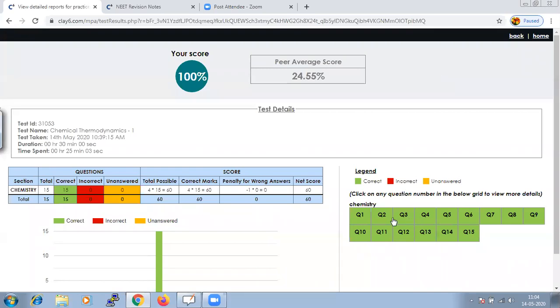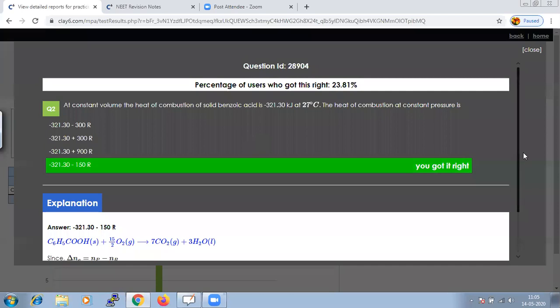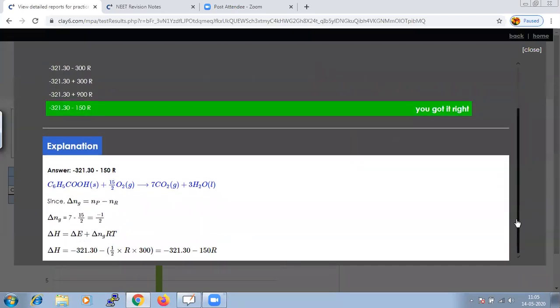Here the green color indicates that we have given all the questions right. And if we have gone wrong with any question, if you click on that question, it will give you the right answer as well as the explanation of how we reach the right answer.